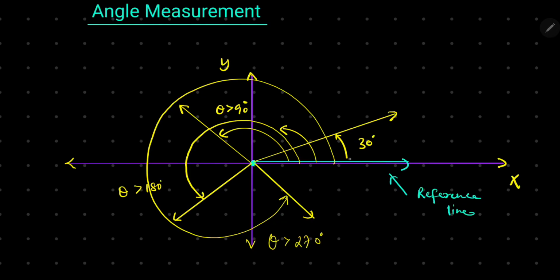You must understand that if you keep rotating this yellow line, one rotation, then the next rotation, then the next, the angle keeps increasing.